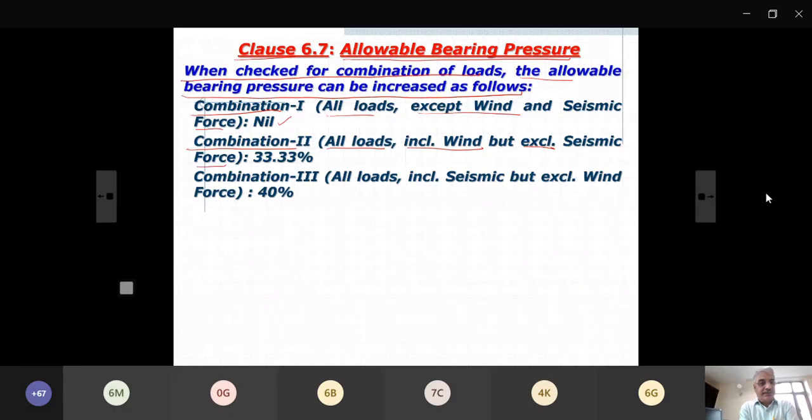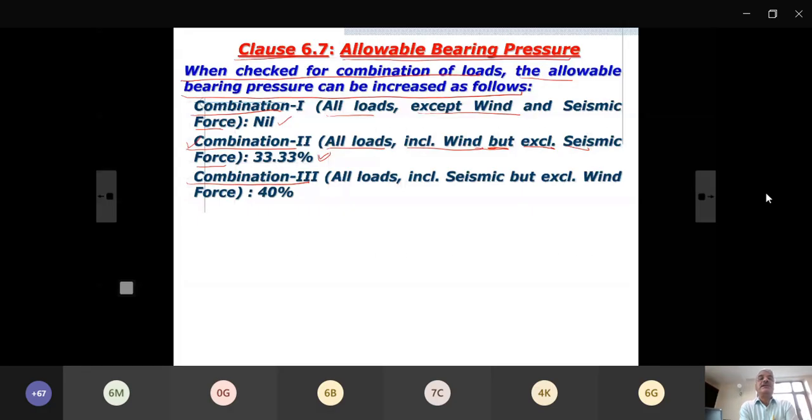You have taken the effect of wind into account, and all worst combinations of your tractive force, braking force, which next week will be covered when the railway bridge code, the bridge rules, is covered. They will tell you what the various loads are. Everything you will take, and you will take wind also, but you will not take seismic force. In that case, you can increase by 1/3, 33.3%.